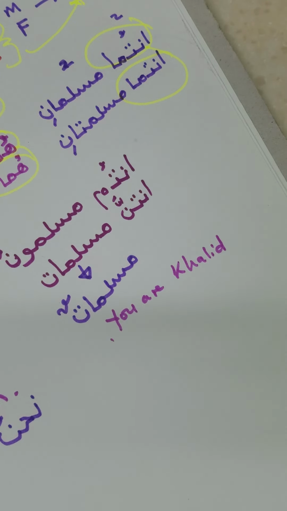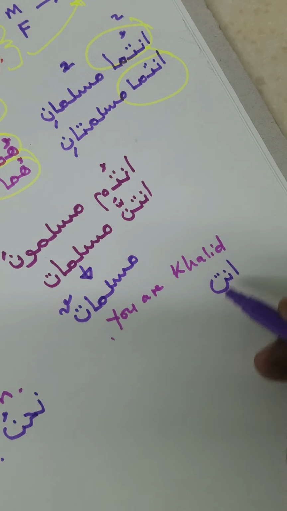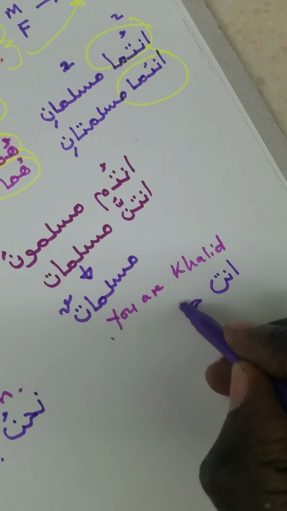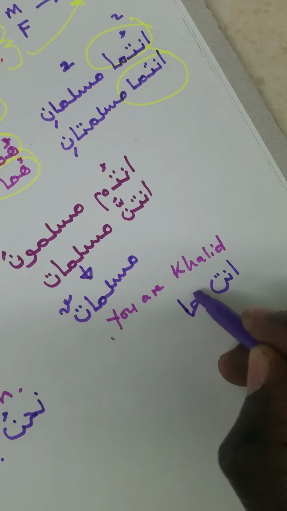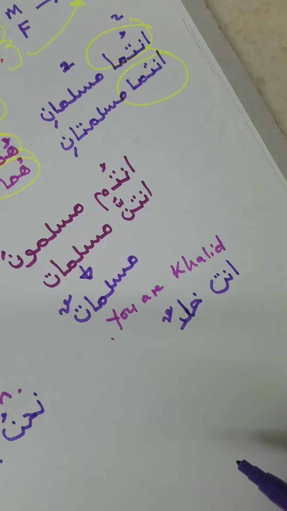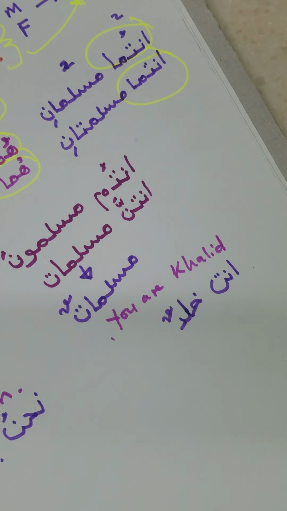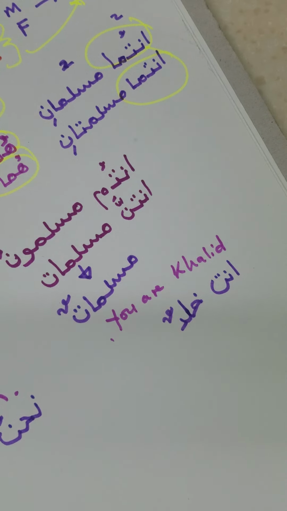Now this is just one, not even plural, but you will put anta Khalidun, because the name Khalid is supposed to be in case one, so that's why you say anta Khalidun. But I wanted to use a sentence which has many people. You can say we are Muslims and they are unbelievers.